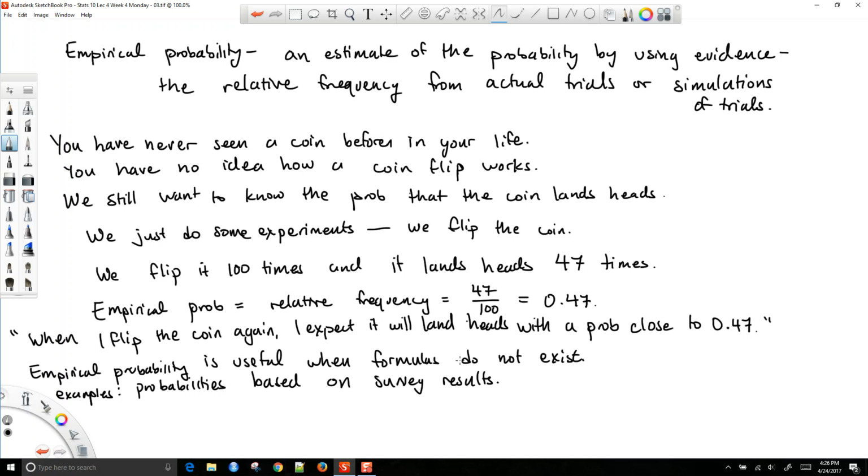Another example would be that a lot of times you have simulations. So right now it's the NBA playoffs, but for any sporting event, you go to Las Vegas and they have the sports book where they have odds and probabilities: we think this team is going to win with this probability. You can place bets. How are they estimating these things?